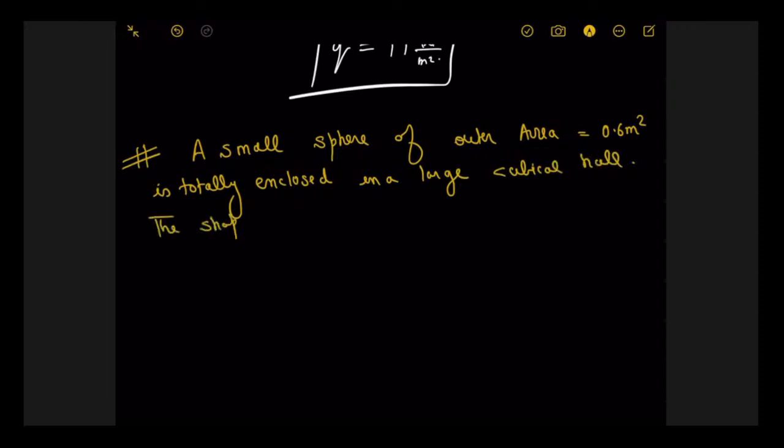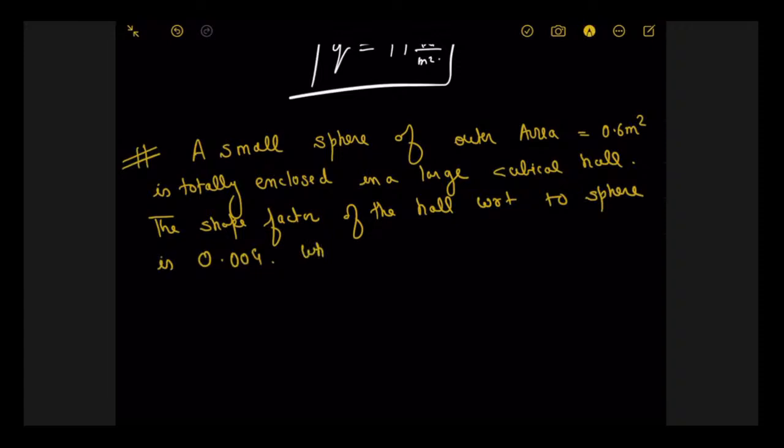The shape factor of the hall with respect to the sphere is 0.004. What is the length of the side of the cubicle? Calculate this.